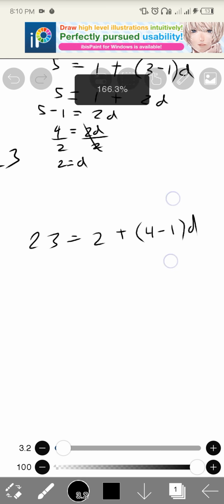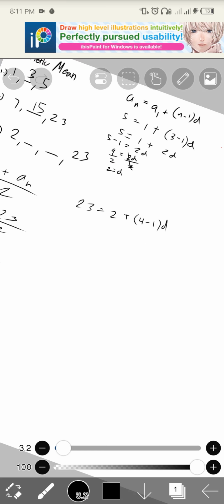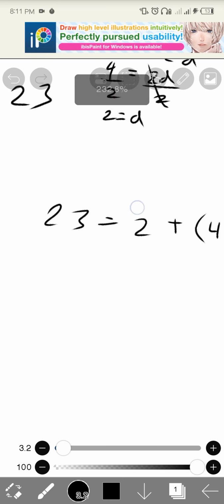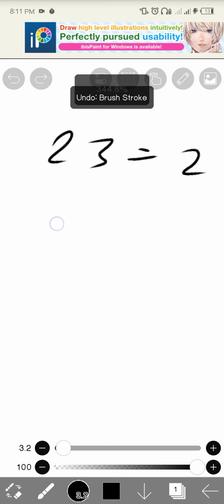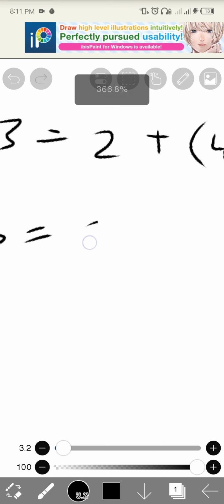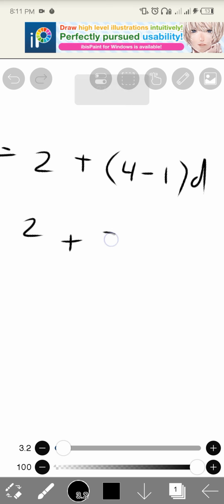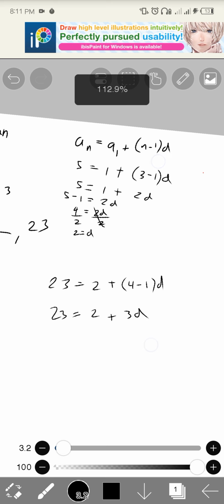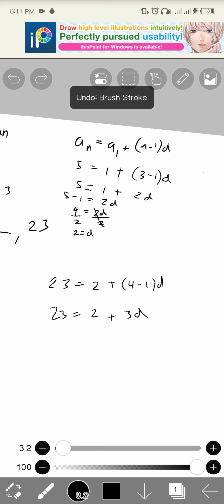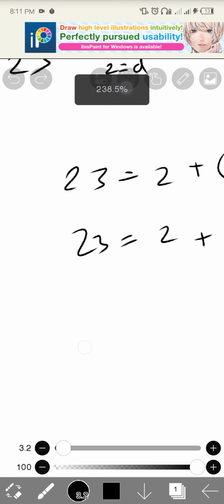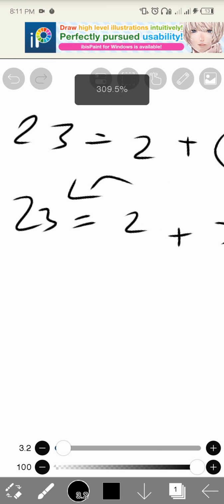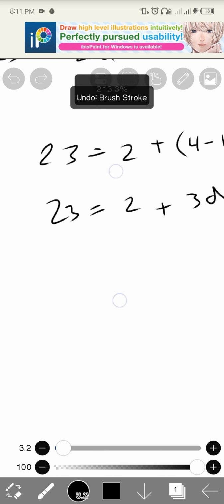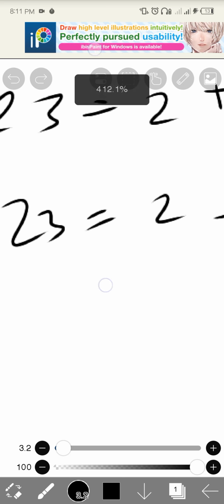Now, again, we solve the parentheses first. So 23 equals 2 plus 3d. Same as what I did in the first example, we separate the variable terms from the constant. So 23, when moved over, swaps sign.